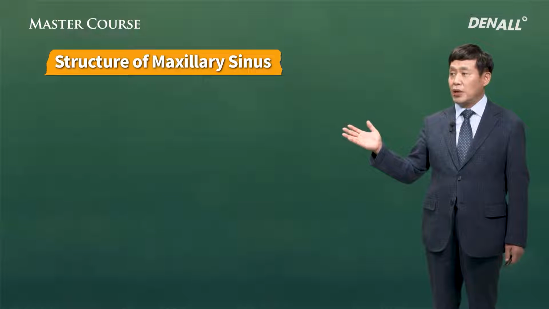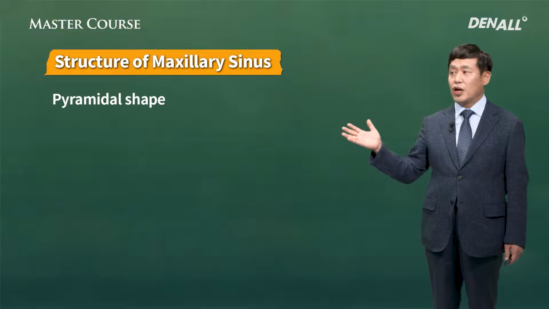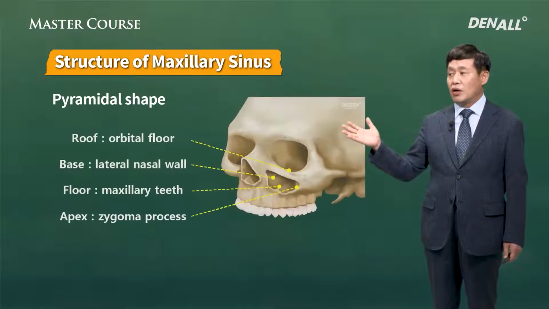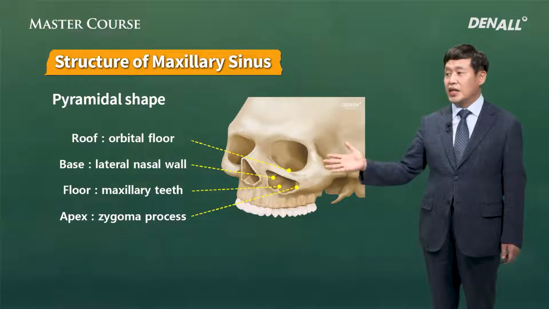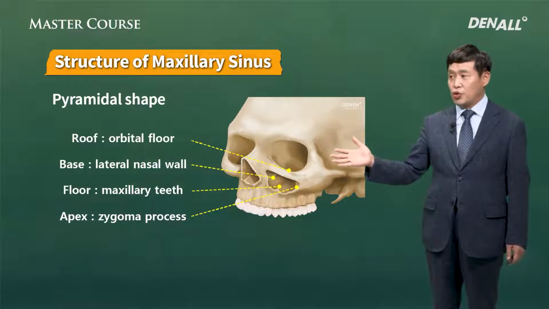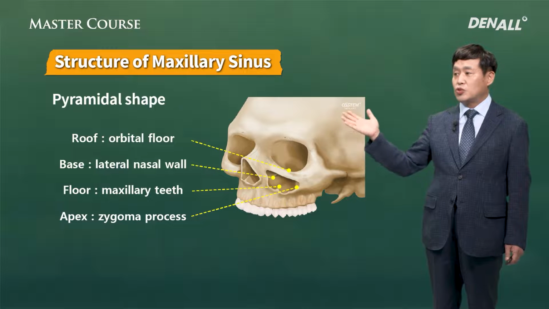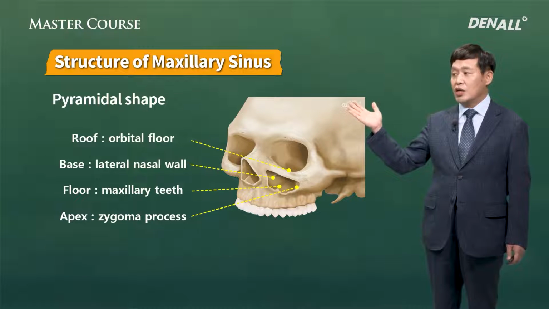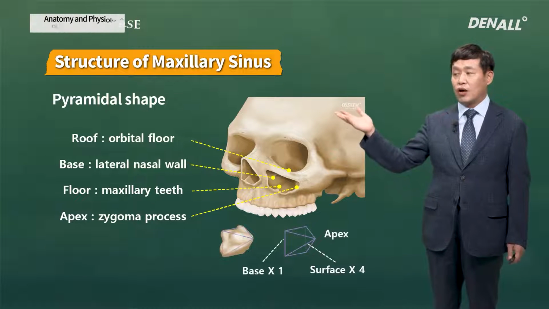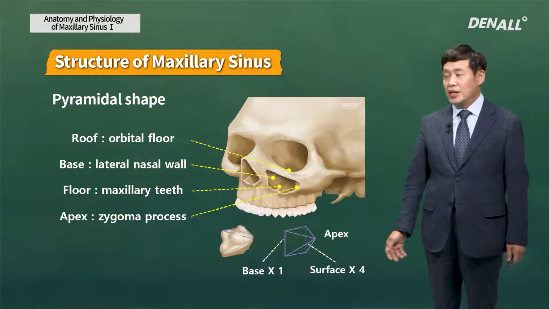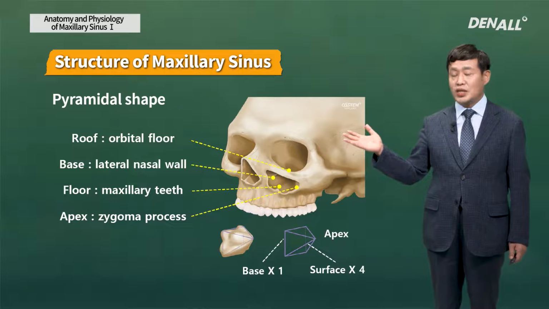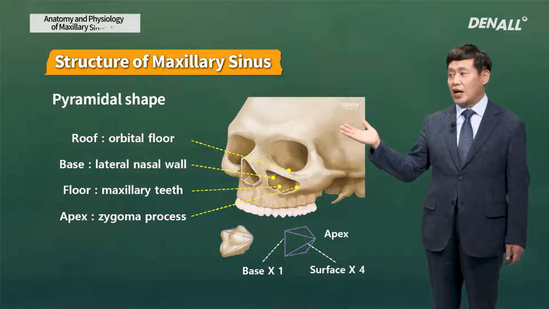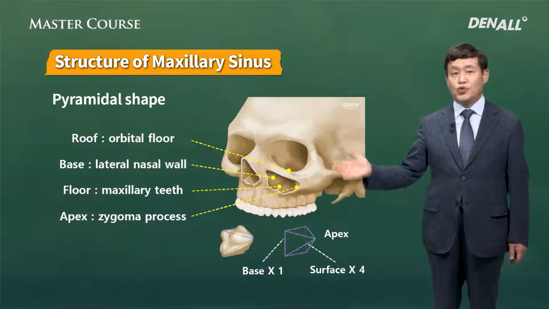As I said before, the shape of the maxillary sinus is a pyramid. In general, the base of the pyramid is on the nasal cavity side, and the apex is at the zygomatic process. The pyramid is lying sideways like this, but I explain to patients that it is positioned upside down, which is easier for the patient to understand.